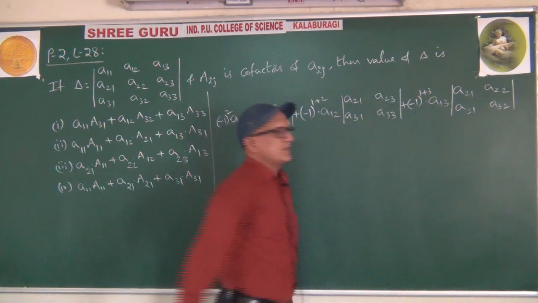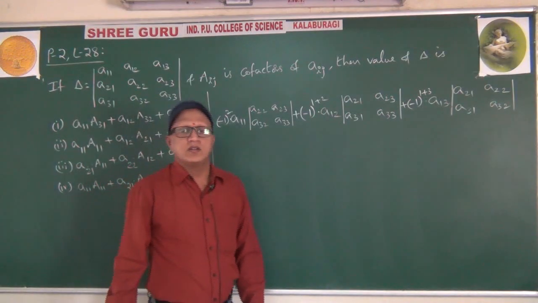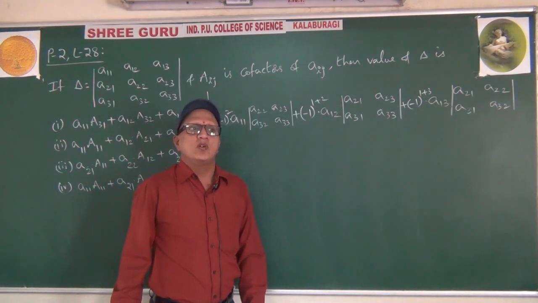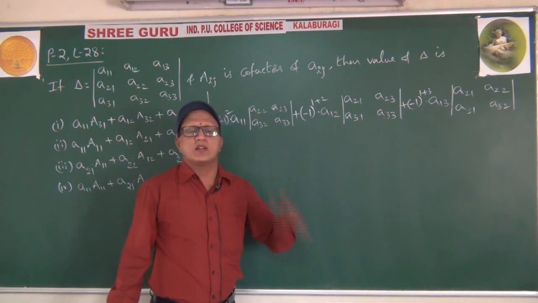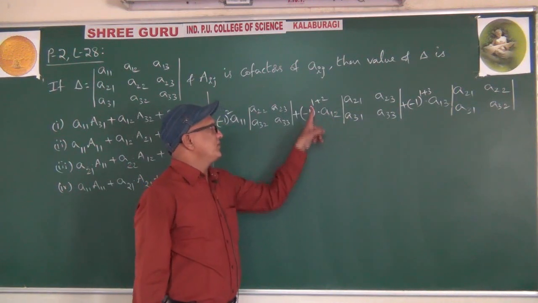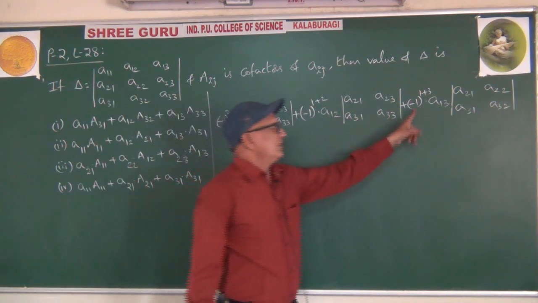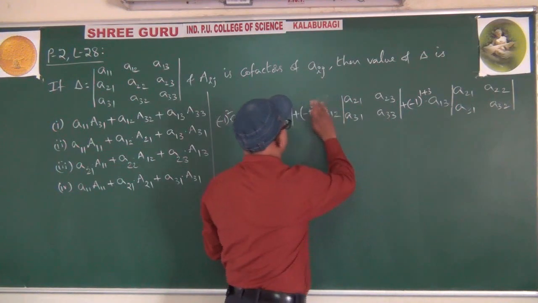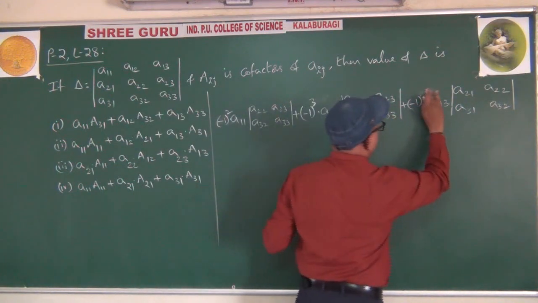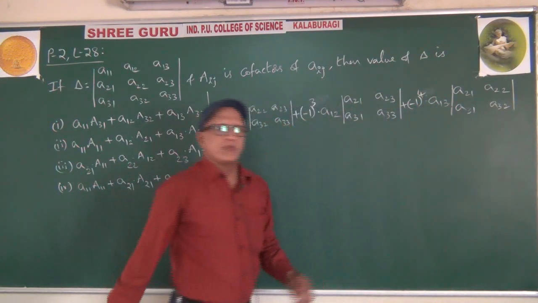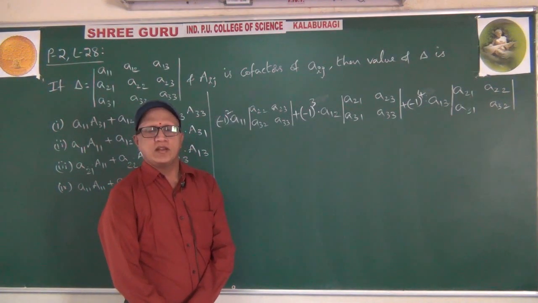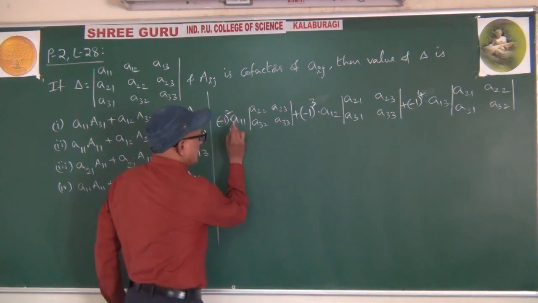Whether you remembered or not, I don't know. You can refer to the previous videos, you will find this. 1 plus 2 is 3, 1 plus 3 is 4. Right?